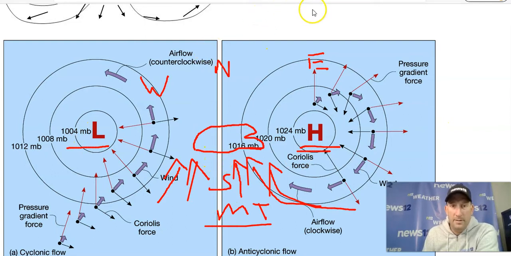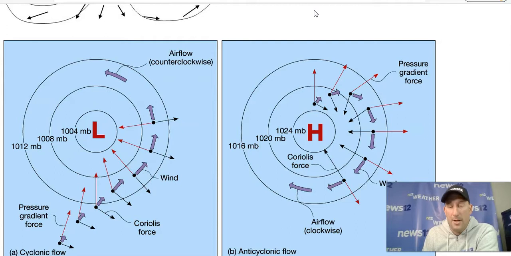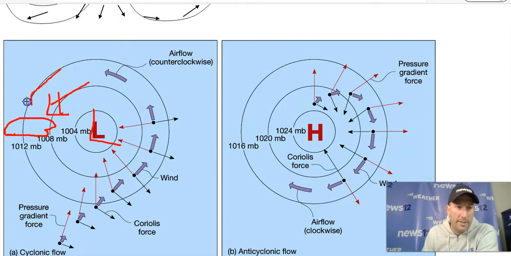Okay? Now, if you want a cold air mass on Long Island, let's say here's low pressure right here. And if Long Island was over here, that would be a northeast to northerly wind. This would be our nor'easters.